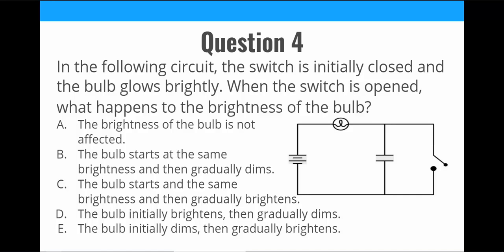If this is closed, well, current will go through here, over there, right? So when the switch is closed, will any current run through this capacitor? No, it has no reason to. So initially, this thing acts like it doesn't have a capacitor in there at all. Right? So now you open the switch, now the current has to go through the capacitor. What's going to happen to the bulb?